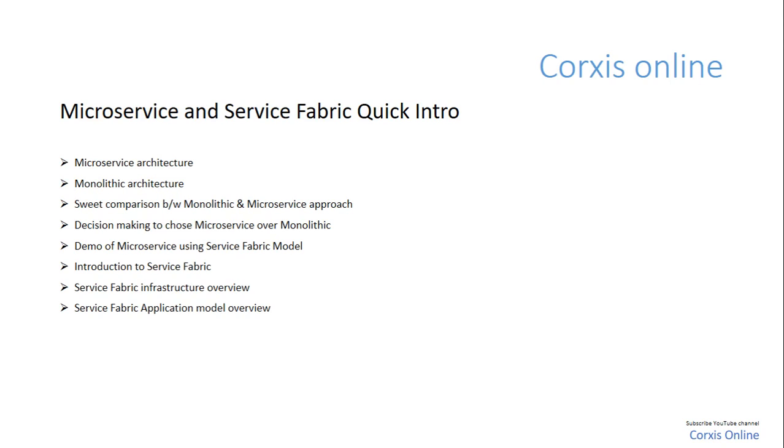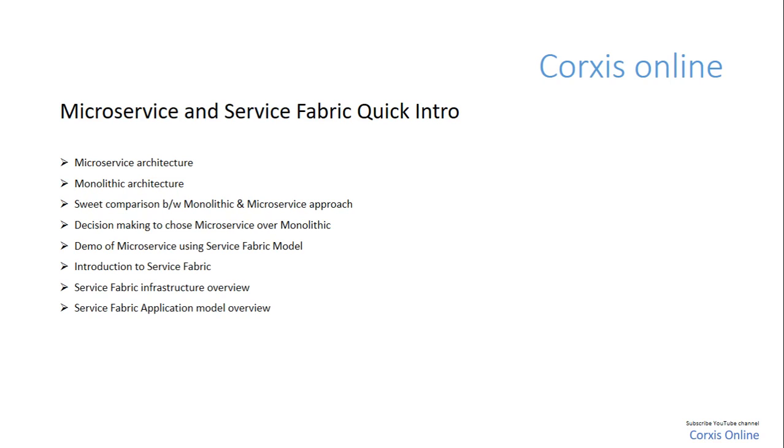This short series of videos helps you understand very quickly and get a grip on microservices and Service Fabric. In this series, I'm going to discuss what microservices are, what monolithic architecture is, what the comparison between both approaches is, and why we choose microservices over the monolithic approach.